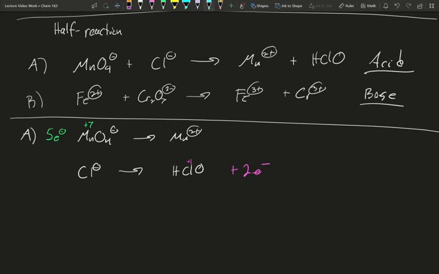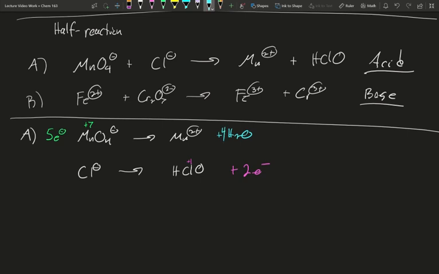So we have our 2 half reactions balanced for electrons within themselves, but now we need to balance the other atoms. I have oxygens on my permanganate, and I don't have those on my products, so I'm going to add waters. Specifically, I need 4 oxygens, so I'm going to need 4 waters.